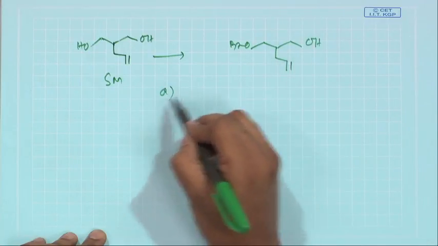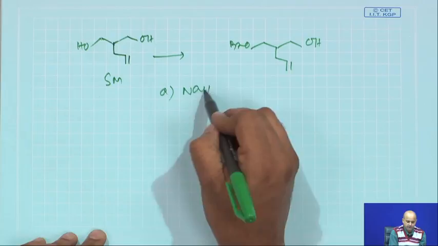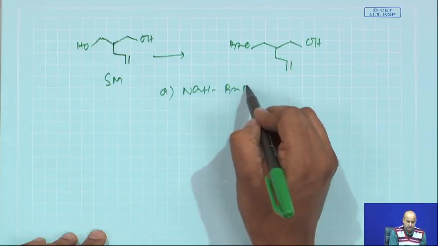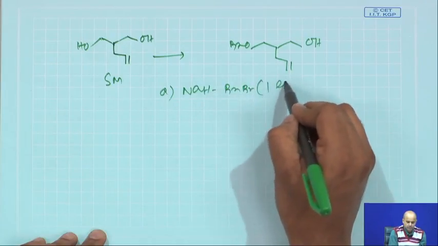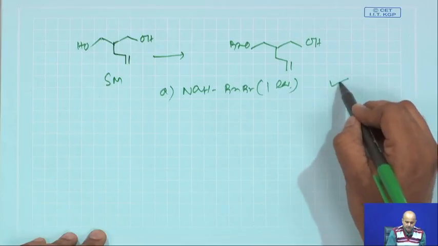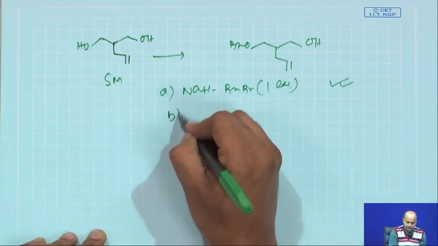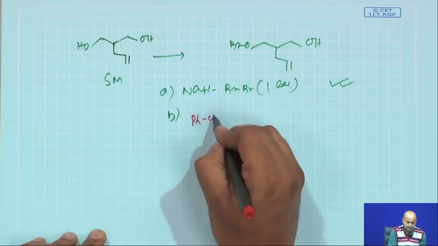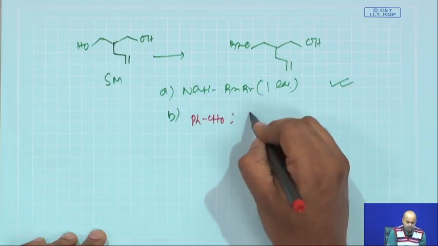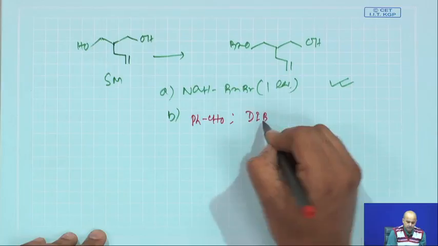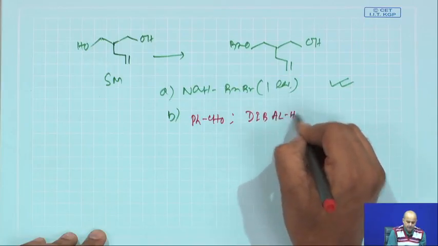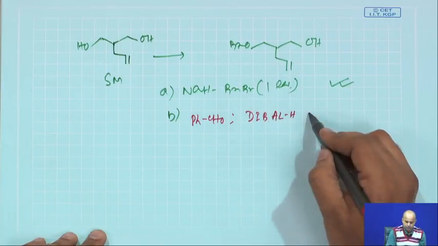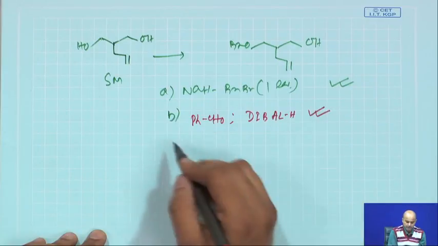I said it can be done by sodium hydride and benzyl bromide, by one equivalent stoichiometric, it can be easily done. Next, I am saying that this one also can be done by making the corresponding benzylidene acetal followed by acetal cleavage or acetal opening through a reductive way by DIBAL. This is also very well feasible.